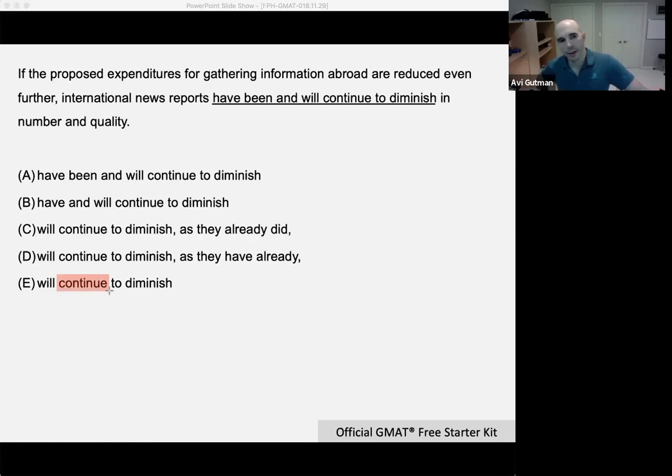Good. So if it already implies that something is ongoing and has already been happening, then to say in addition, and notice that all of them have continue. This is something all of the answer choices have. So if you're already using the word continue, why would you then also say that something has already been happening?